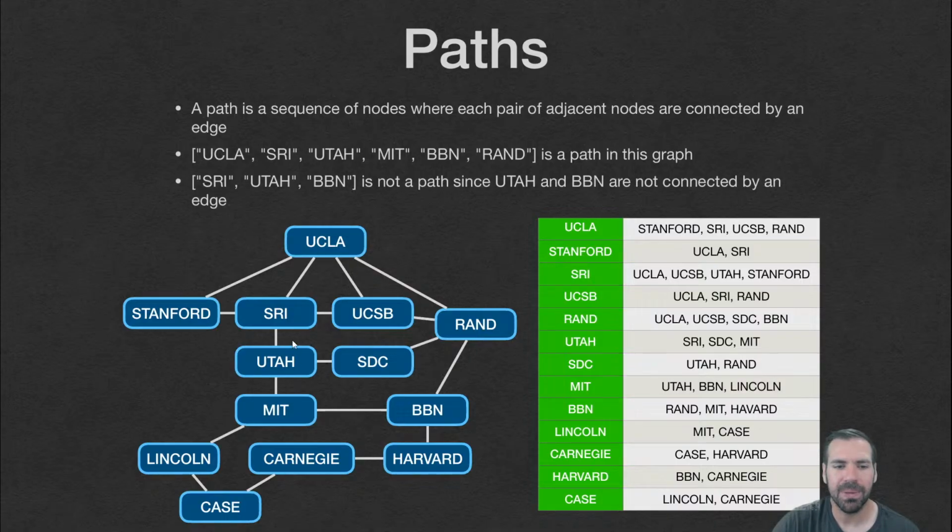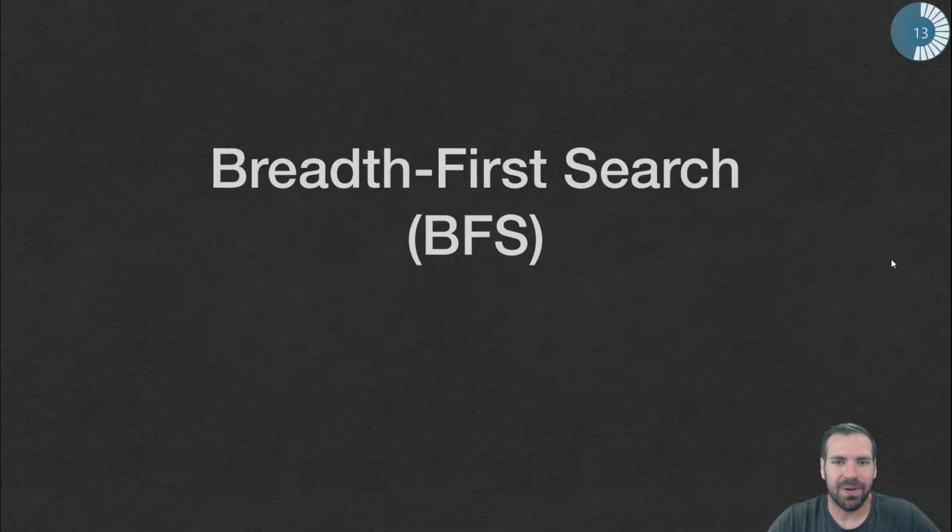SRI to Utah to BBN: there's no edge between Utah and BBN, so this is not a path in the graph. So a path, each adjacent node is connected by an edge, which will be an important definition going forward.